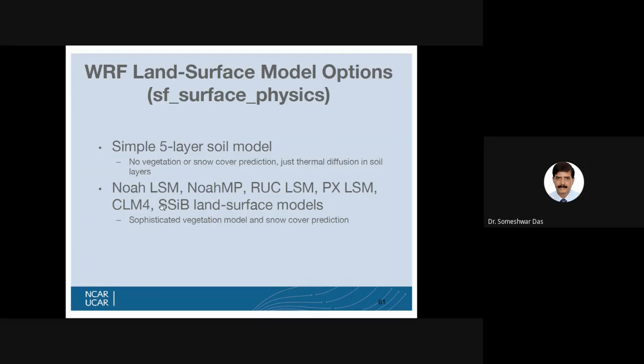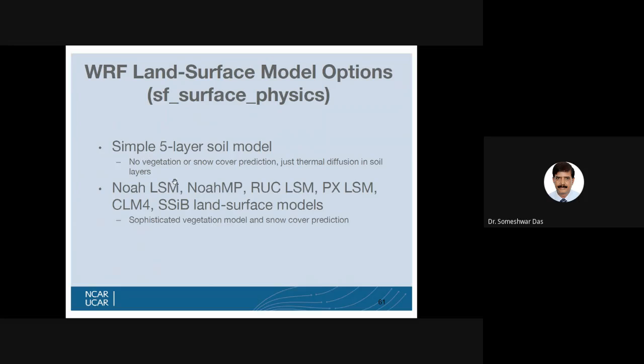Various scientists have developed different schemes, claiming that a scheme improves upon the older scheme, and all those schemes are available because, as I said, it is not necessary that whatever worked for that person in his area of interest will work the same in your area of interest. So all these options are still made available, even though some of them are quite old.